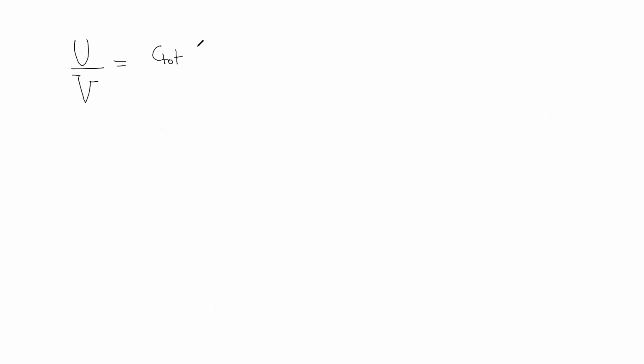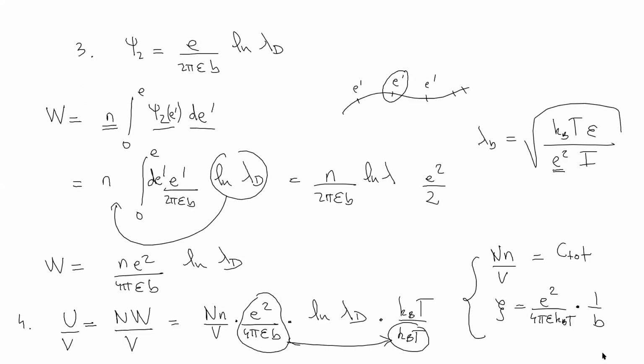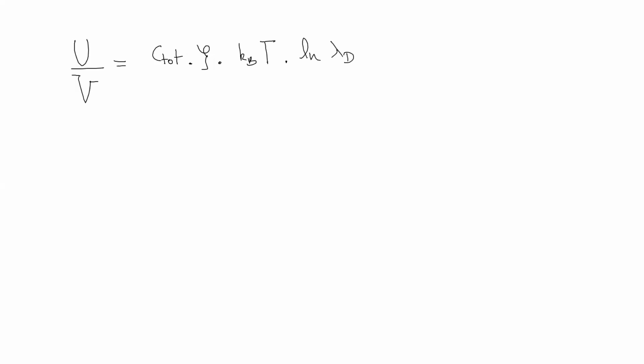It's Xi, the central Manning dimensionless number. It's homogeneous to kBT because it should be an energy at the end. It's an energy per unit volume. And then you have a logarithmic, due to the geometry, contribution of the counter ions. And I think we are done. This is the internal energy per unit volume.